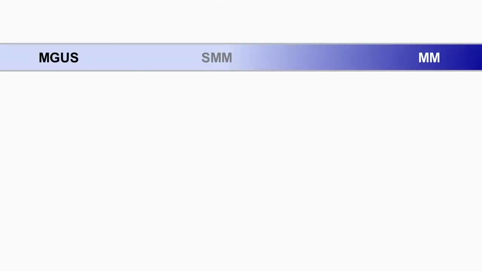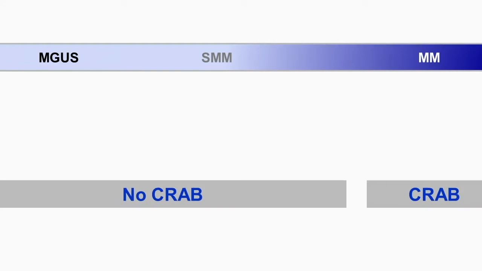As you know, until recently, MGUS, smoldering multiple myeloma, and multiple myeloma were defined like this. We basically looked for presence or absence of the CRAB features. In order to make a diagnosis of multiple myeloma, you needed to have CRAB features. If you didn't have CRAB features, you either had MGUS or smoldering multiple myeloma.